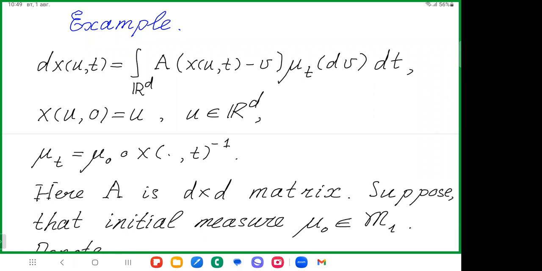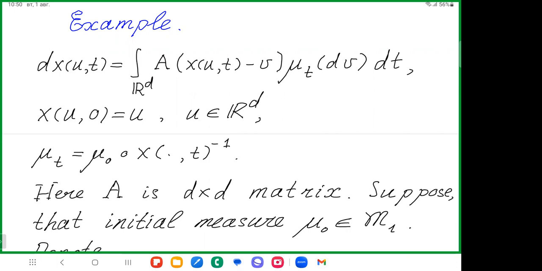And these stationary points are from the kernel, the eigenspace of zero, of matrix A. So, for example, if A is non-degenerate, the unique stationary point is 0. But now you see that for any matrix A, independently of the condition on matrix A, in the space of measures this equation has a lot of stationary points. Any delta measure is a stationary point for this equation. This is one.